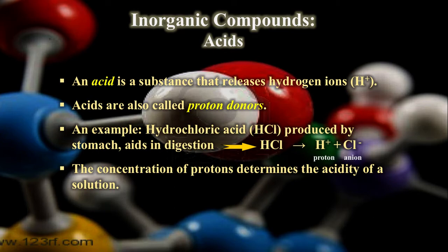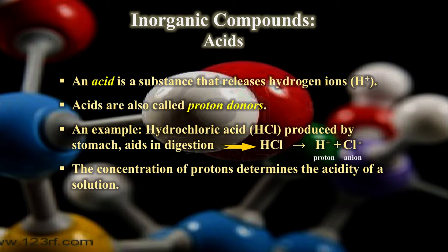The next bullet says that acids are also called proton donors. So that hydrogen ion H plus is the same thing as a proton, because in order for him to become H plus, he lost an electron, and all he has left is one proton. More chemistry stuff, but just know that hydrogen ion and proton are the same thing.